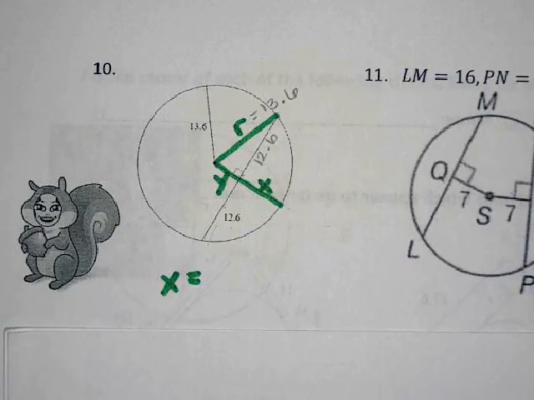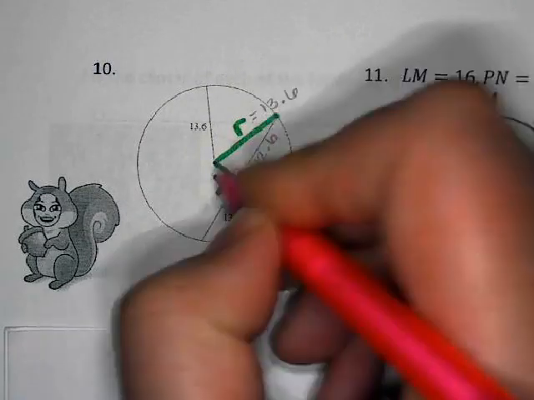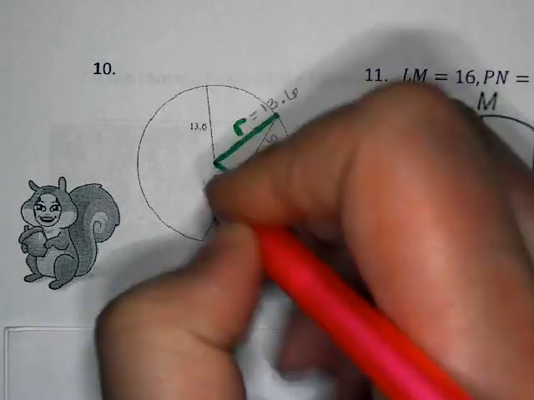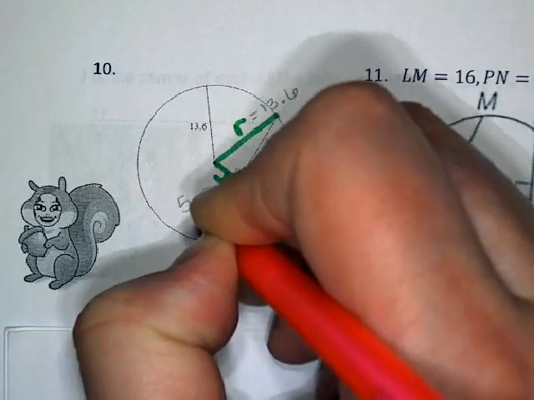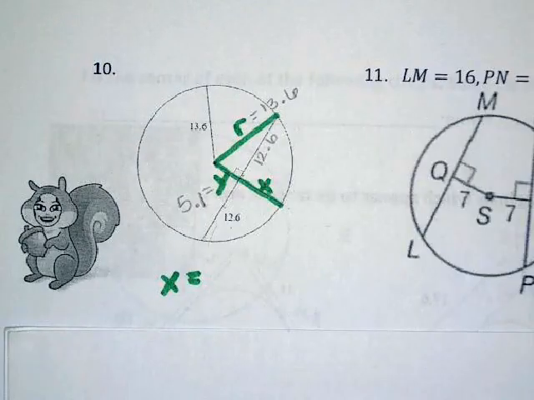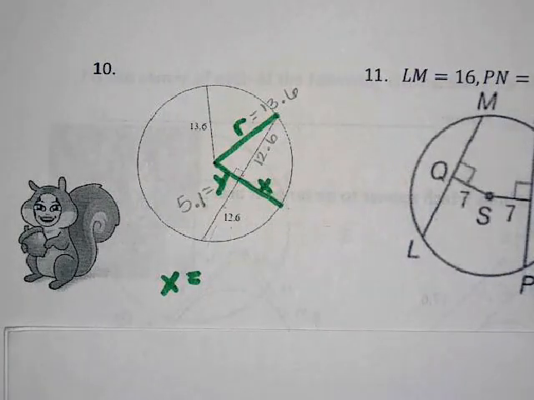Has anyone figured out what Y is? Okay. So I'm just going to say 5.1 since the other ones are 1 decimal. How did we get to the 5.1? What formula did we use?